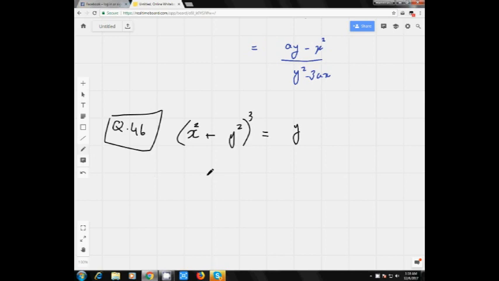You have to apply the power rule on the left hand side. 3 times (x square plus y square) whole power 3 minus 1, that is 2, times the derivative of the base quantity, that is x square plus y square. Its derivative is 2x plus 2y times the derivative of y with respect to x, dy by dx, and it is equal to dy by dx.